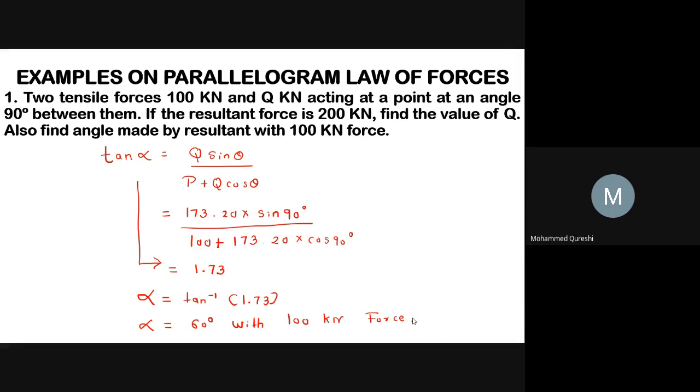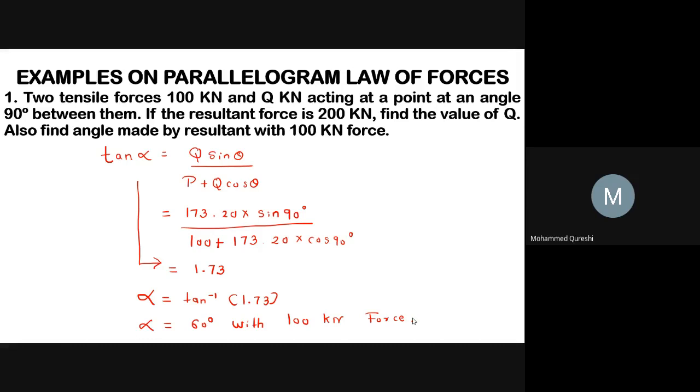So in this lecture we learned about the parallelogram law of forces, and we solved the example related to the parallelogram law of forces by two simple formulas, that is capital R equals under root of P square plus Q square plus 2PQ cos theta, and tan alpha equals Q sine theta upon P plus Q cos theta.